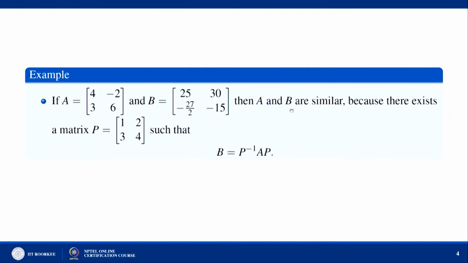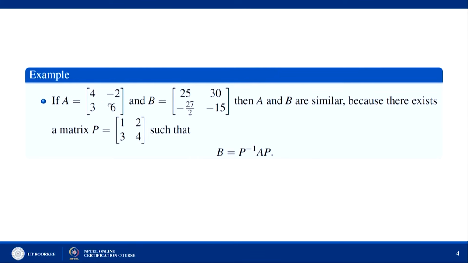So, here also you can find such a P, which we are getting as this. You can easily verify here that B equals P inverse AP. So, we can say that these two matrices are similar.